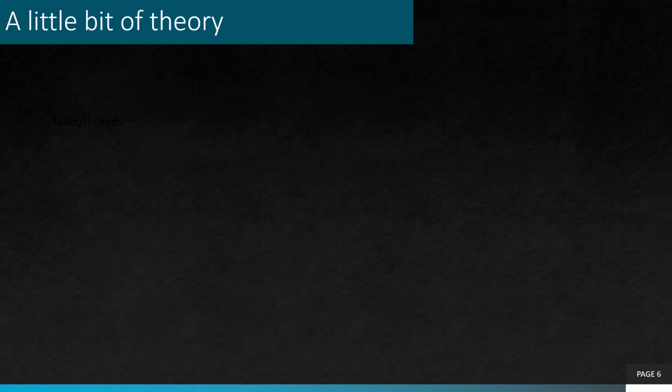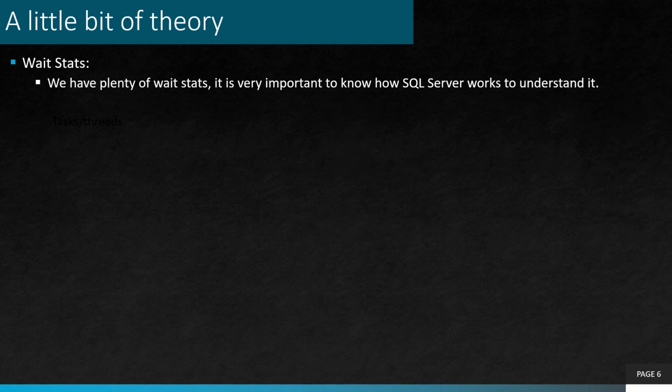The other topic that we need to review is the wait stats. We have plenty of wait stats in SQL DB or in SQL Server that represent what SQL Server is waiting for in different parts, components, operators, etc. So for that reason, before reviewing the wait stats, we need to review how SQL Server works.